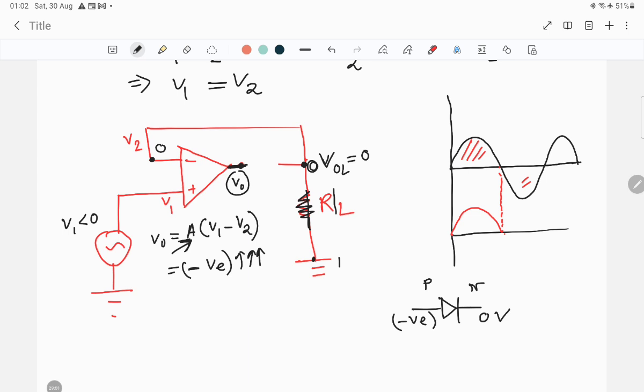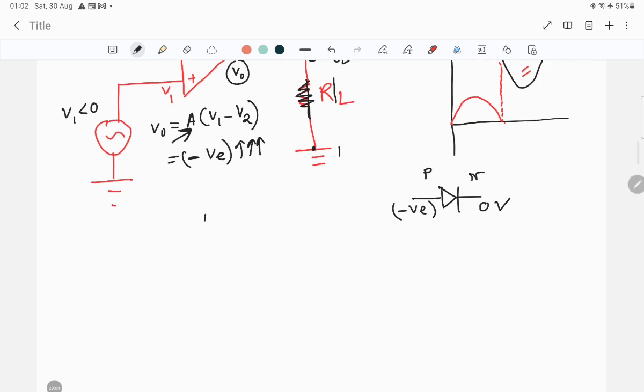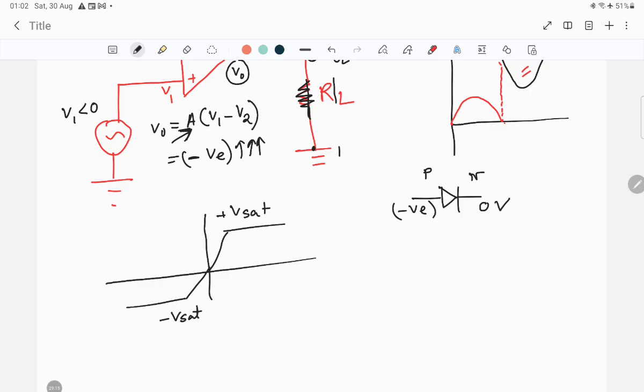So the output of this V0 is very negative. But you know from the characteristics of the diode that it operates in the linear property, with plus V set and minus V set.